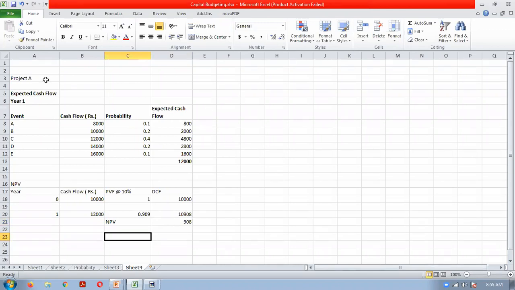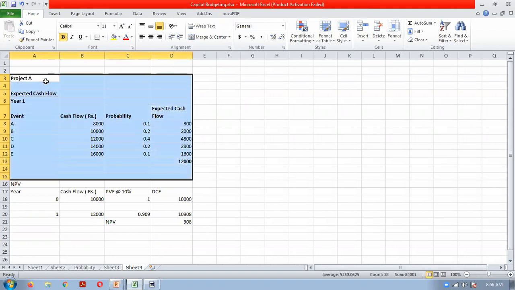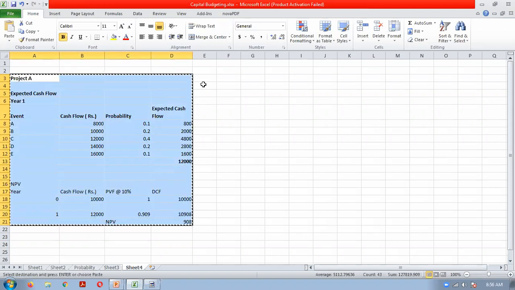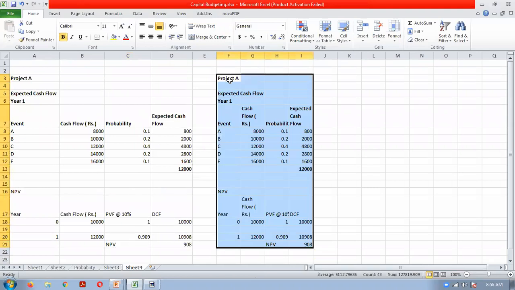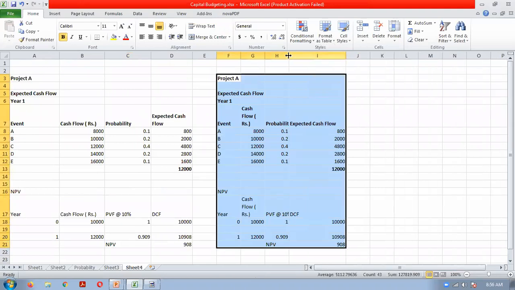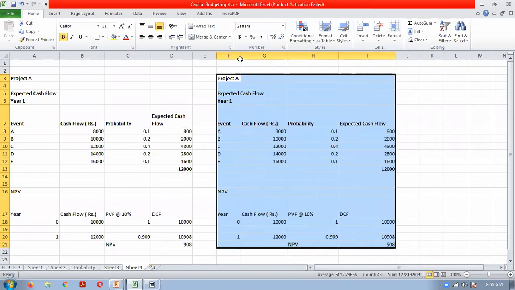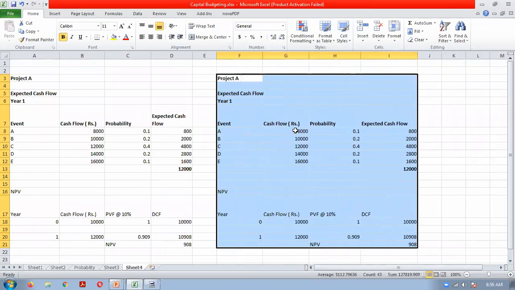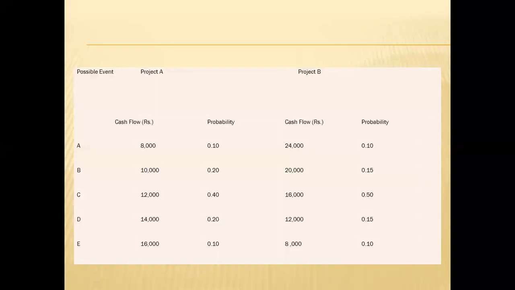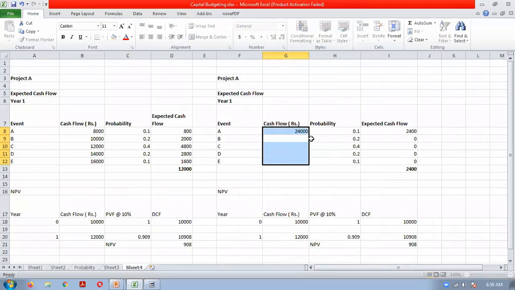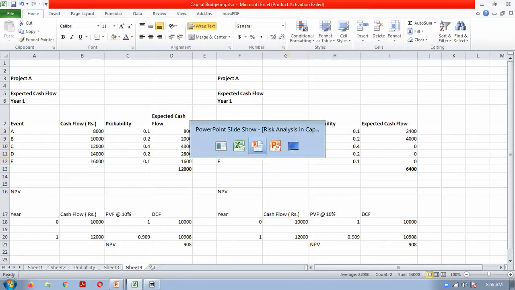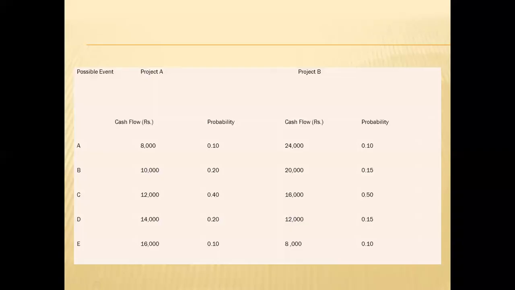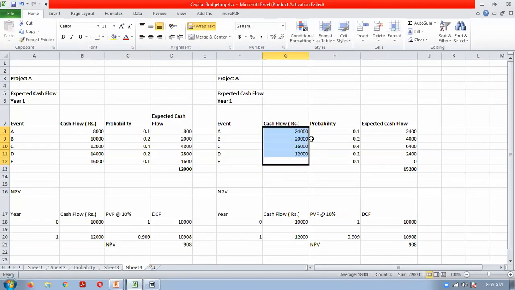Then similarly, we can do it for project B also. So project B cash flows are 24,000, 20,000, 16,000, 12,000, 8,000.